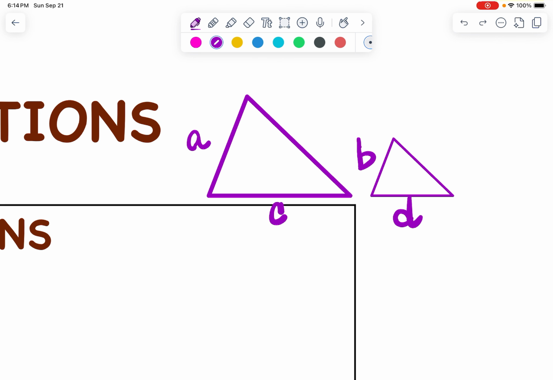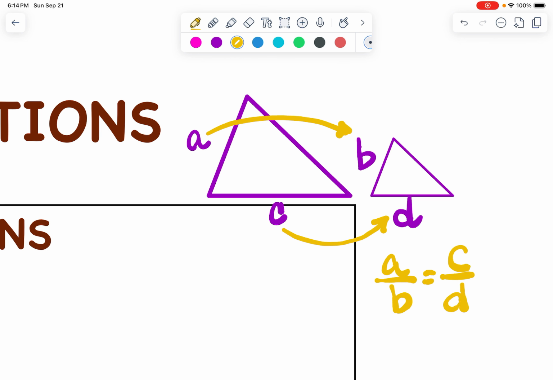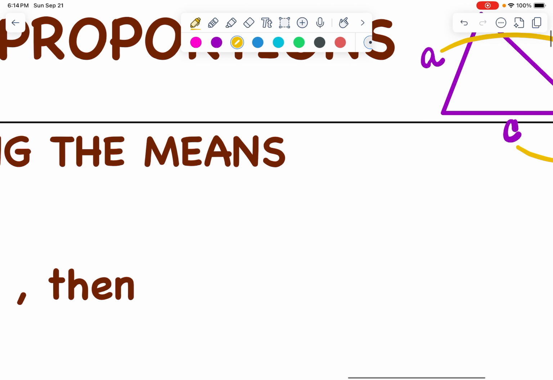So what I'm trying to say is when I do my proportions, I will always set up my proportions the same way. So I always like to go from one triangle to the next. And I say A on this triangle corresponds to B on the other, and then C corresponds to D, right? And that's where I get my ratio. A is to B as C is to D, okay?